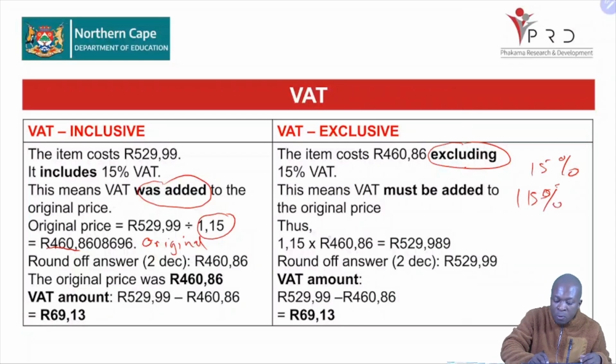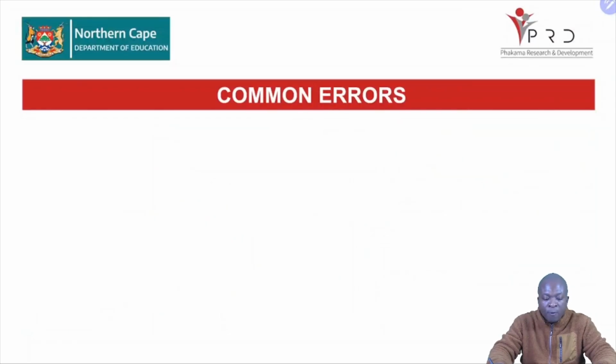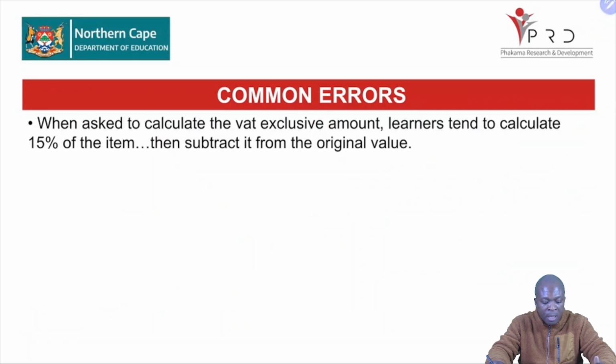So now, can you see? The amount is 460 rand 86 cents. So for us to include VAT, we just multiply by 1.15 or 115%, and that gives us 529.99. Then, if you want to subtract the VAT, you just subtract the 460 from the 529. I hope that makes sense to you.